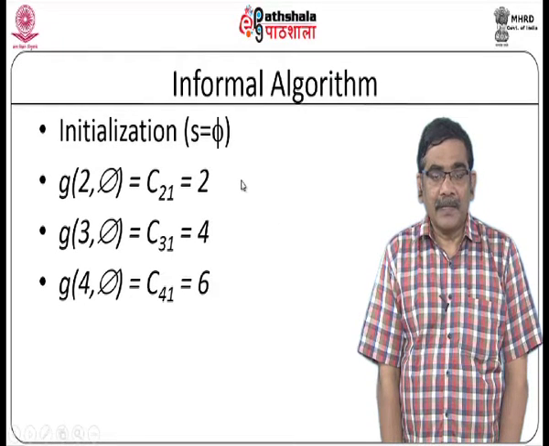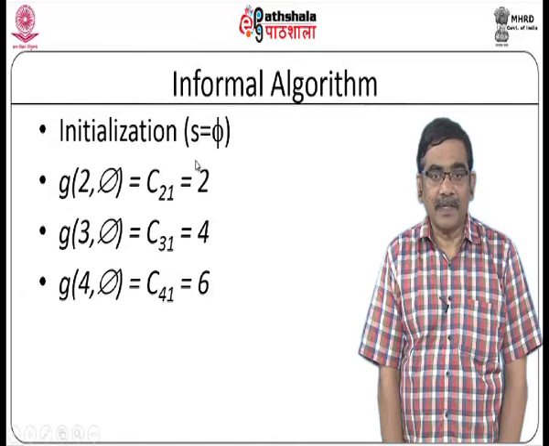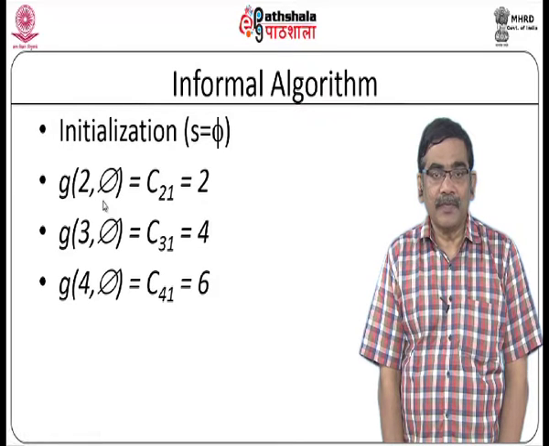Now, I will start with S. Remember, I was telling you that S is nothing but the set of cities. So, initially it is going to be null. So, my function g of 2 comma null, that means the cost of reaching the home city 1 from 2, reduces to c 2 1. So, it is going to be 2.